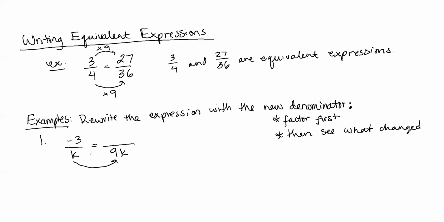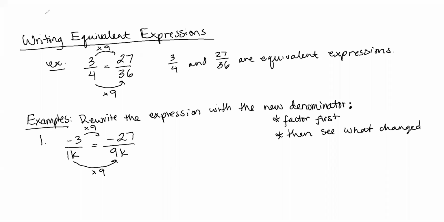So our variables stayed the same, but we went from 1k to 9k. So what did we multiply by? We multiplied by 9. So what we do to the bottom, we're going to do to the top. And -3 times 9 is -27. So that first one, not too bad. We only had one little change and we didn't have to factor.